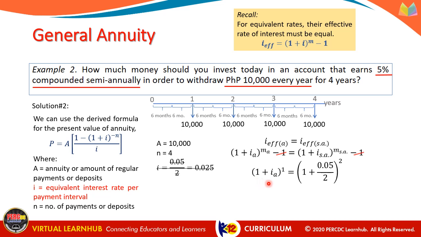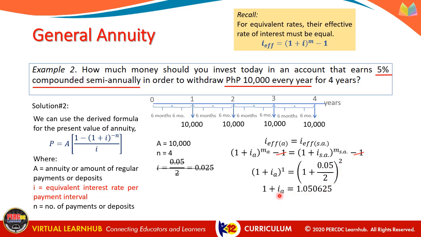And substituting, we have 1 plus, we are going to compute for the equivalent interest rate per year or annually, raised to 1. m is equal to 1 for annual compounding. That is equal to 1 plus 0.05 over 2. This is for 5% compounded semi-annually. m is equal to 2 for semi-annual compounding, raised to 2.